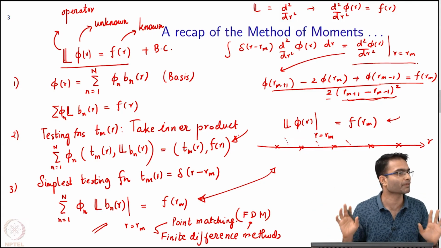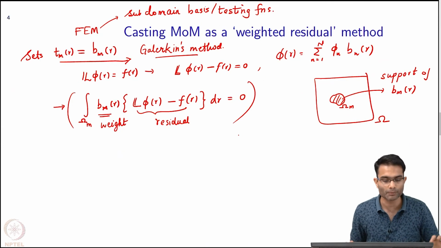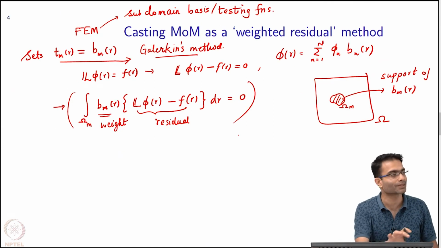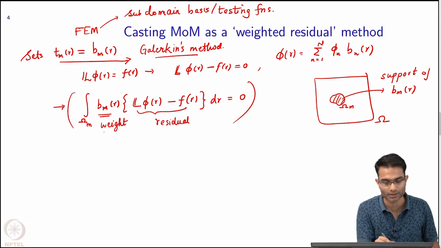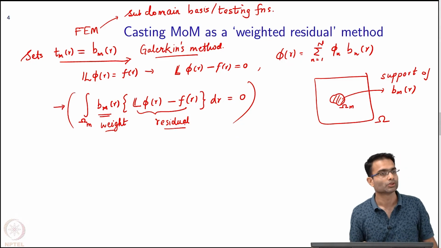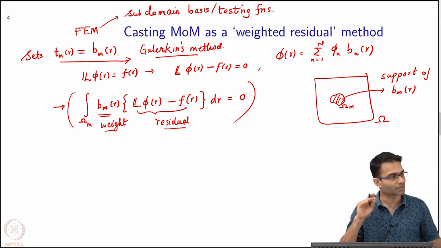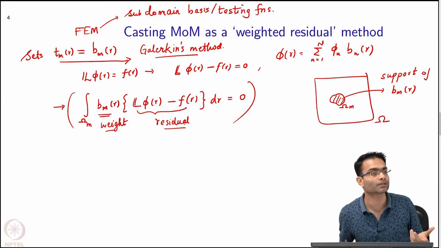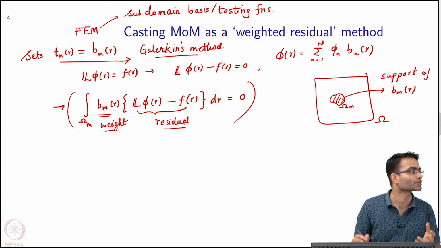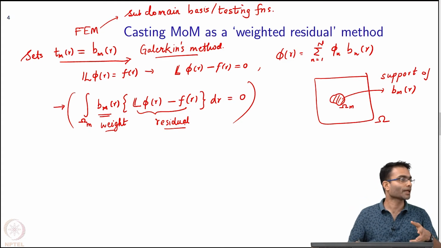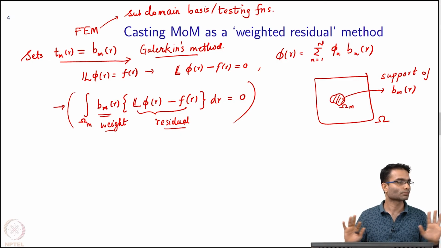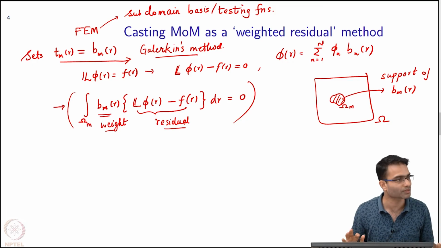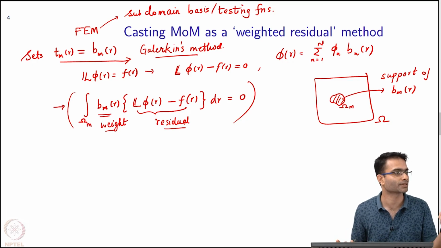The finite element people arrived at the same equation via a slightly different route, and their interpretation is weighted residual. The equations are the same, the interpretation given is different. If you read papers and textbooks on FEM, they will call it a weighted residual method. When you read that, you should not get confused, you should realize it is basically MOM, the method of moments. The same thing is being called by different names. The concept is the same, basis function, testing function.